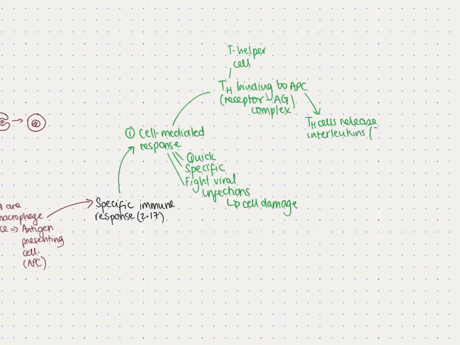And remember, we can abbreviate those to ILs, and they are going to trigger mitosis. So we're going to trigger mitosis of T helper cells around them, and we're going to get a lot of clones produced.